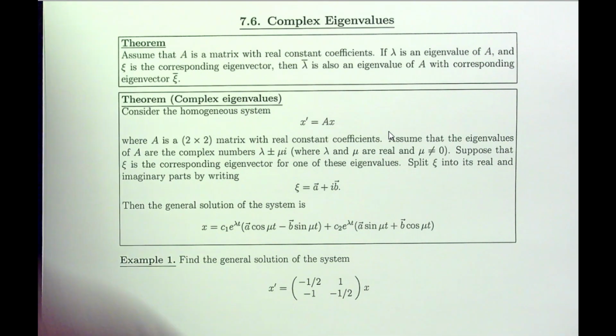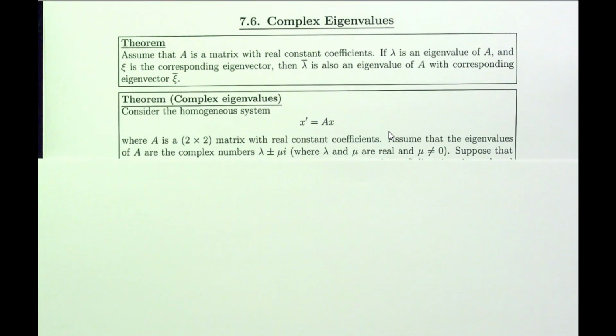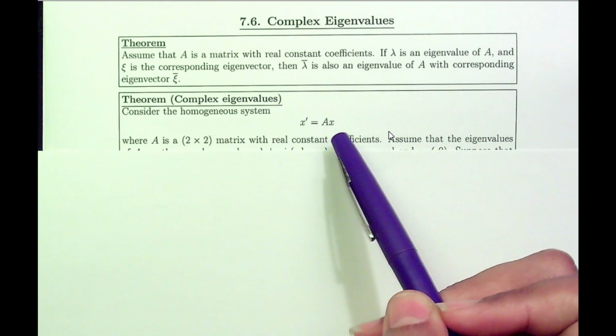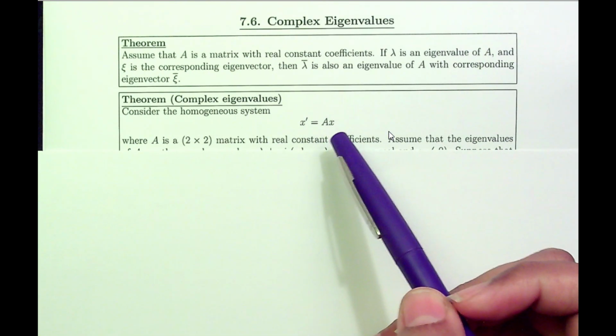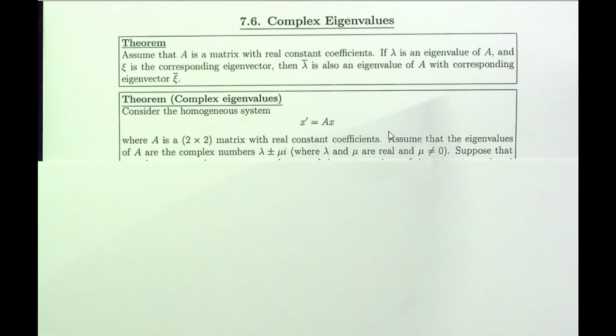So what is the general solution when you have eigenvalues that are complex, in the homogeneous case as before? Suppose you have this homogeneous system, x prime equals Ax, and all the entries in A are real constant coefficients.